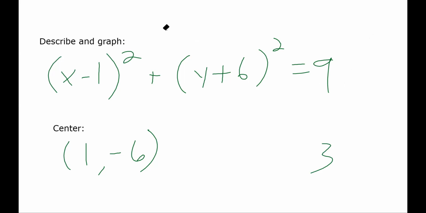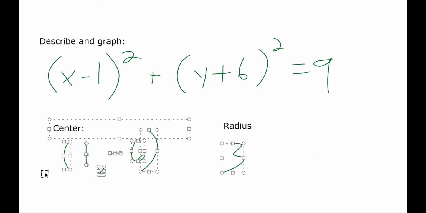So it's going to have a radius of 3 and a center of 1 comma negative 6. Let's keep that in mind, and let's try graphing it.